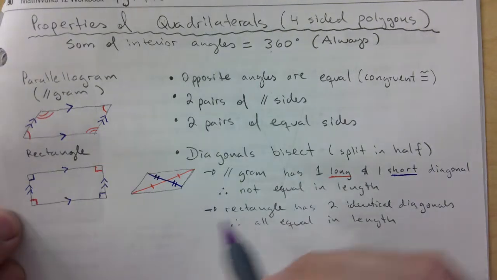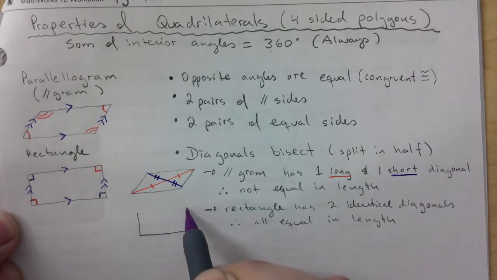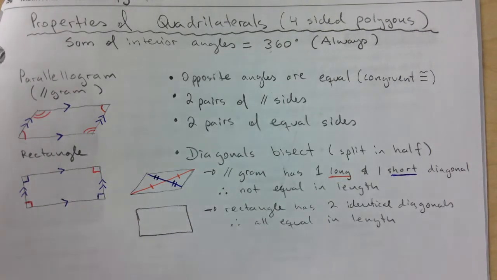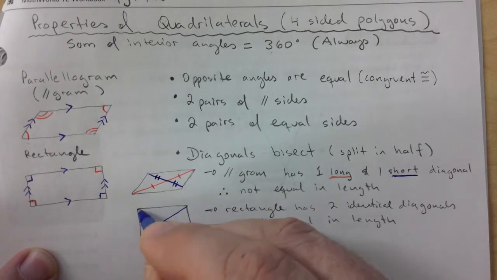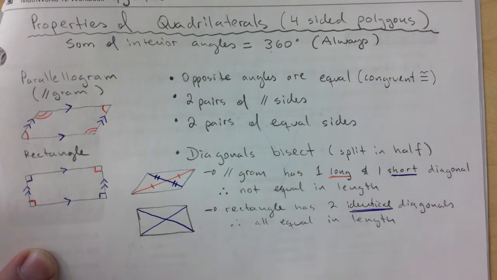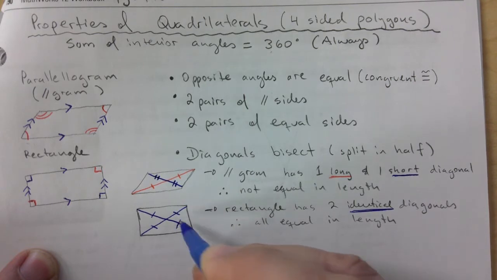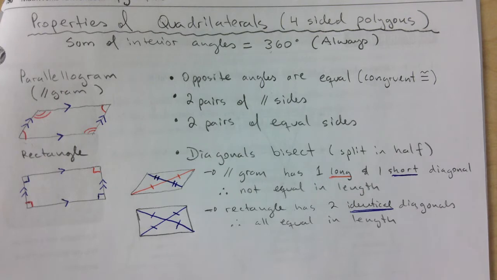And then you have your rectangle here. And there, both diagonals are the same length. Okay. And there you can say that all of the little intersections, like when you cut them, they're all the same length.